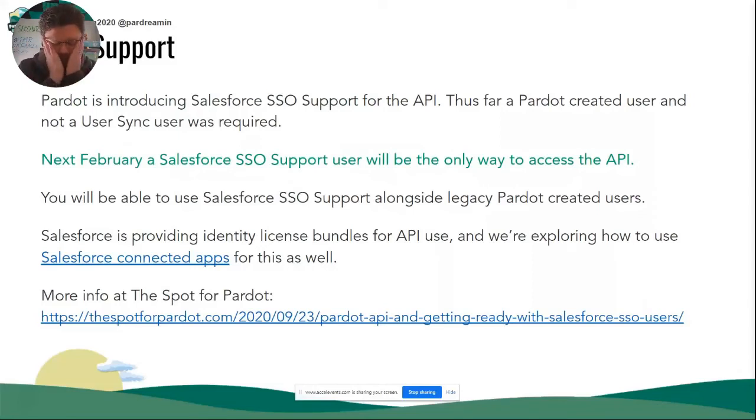Yes. Where can we see the API users? All right. So in Pardot, if we go into our settings, there's going to be a second tab. It's like usage and limits, I believe it's titled. It's the second tab on our settings screen. So we've got account information, we've got usage and limits. We click on that. The API is going to be one of the first, if not the first, dropdown.